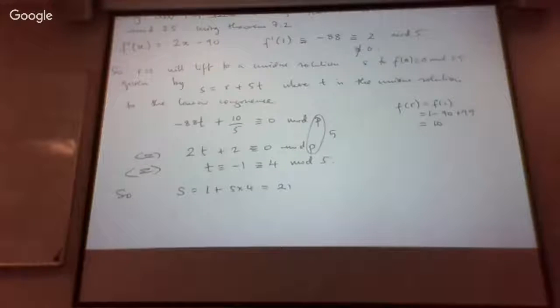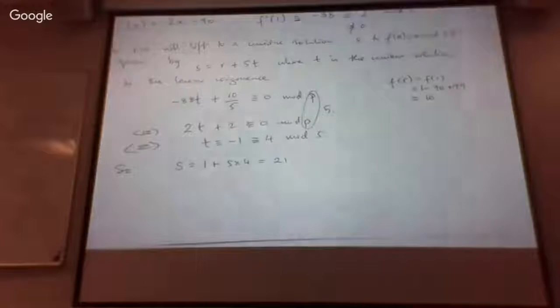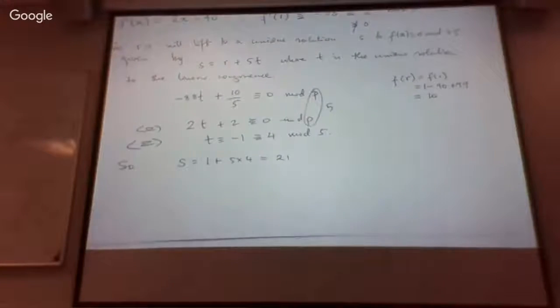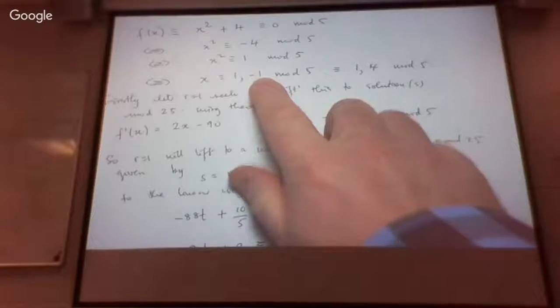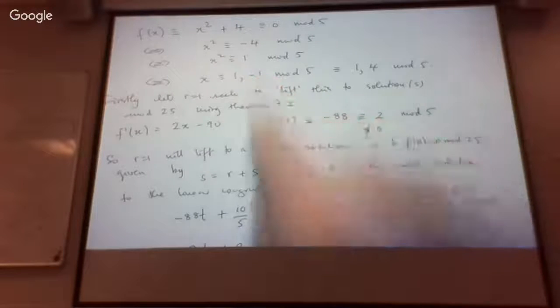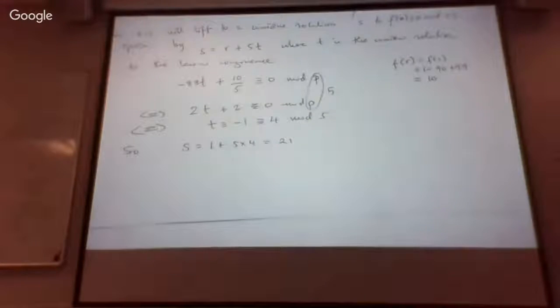So you just need to lift it again to get up to a solution modulo 125. I'll just do this stage, which will be half of it, and then you would have to go back and start again with the original solution, r equals minus 1, and lift that up through the powers of 5 as well.